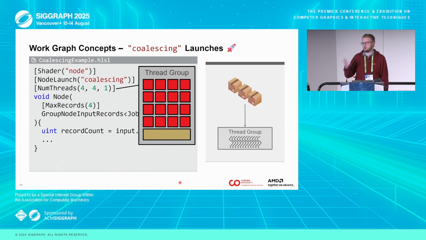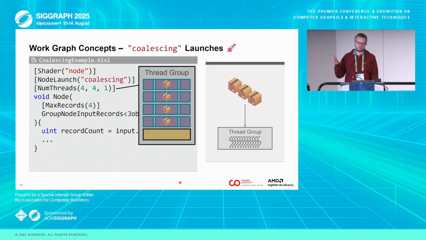And now we can do our own thread allocation. We can basically say, okay, our first 4 threads work on the first record, our second 4 threads work on the second record that we got, and so on. So for example, if you have a color to work on, maybe an RGBA value, you could allocate the threads like that.